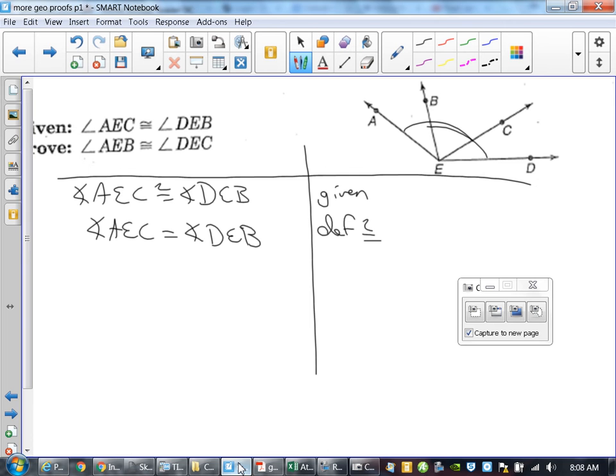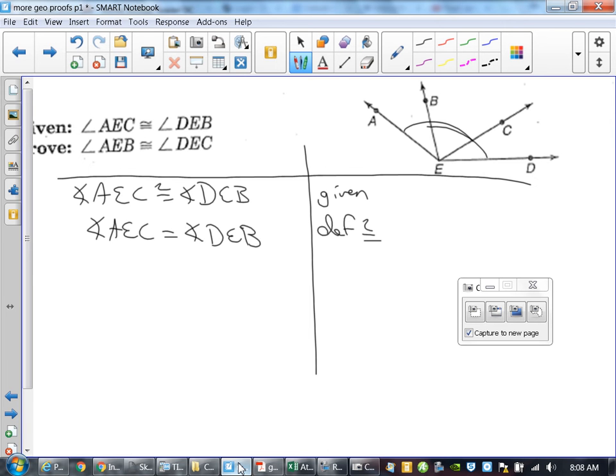So what I'm looking at now, we have two larger angles. Each of those two larger angles are made up of smaller angles. So how can I rewrite AEC in terms of two smaller angles? AB plus BC. We're not segments, buddy. It's angles.